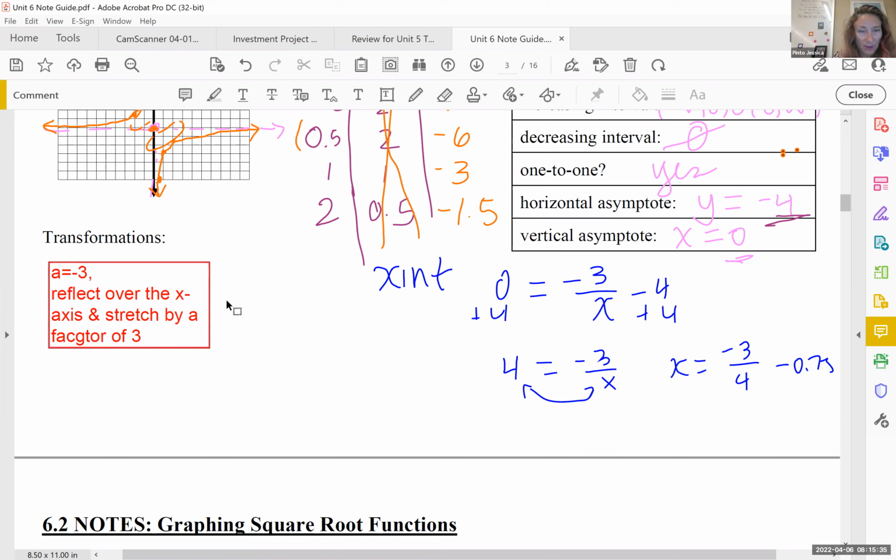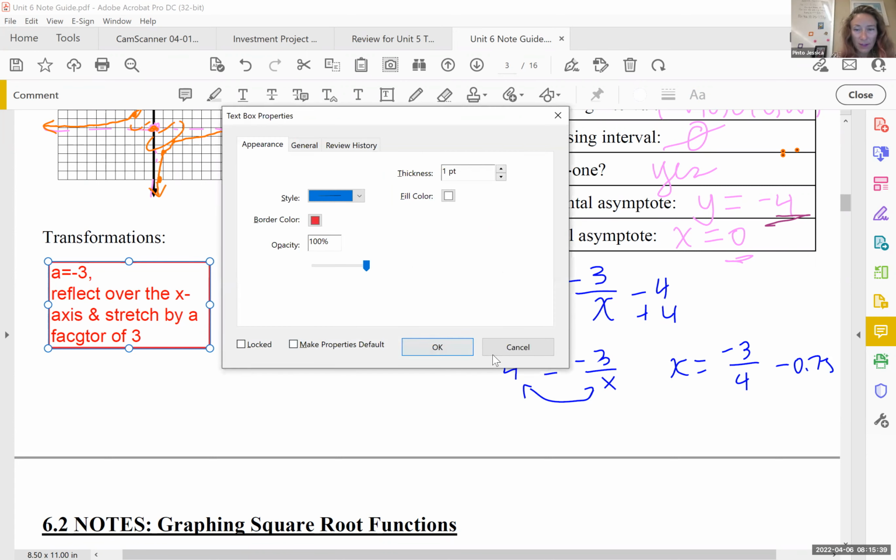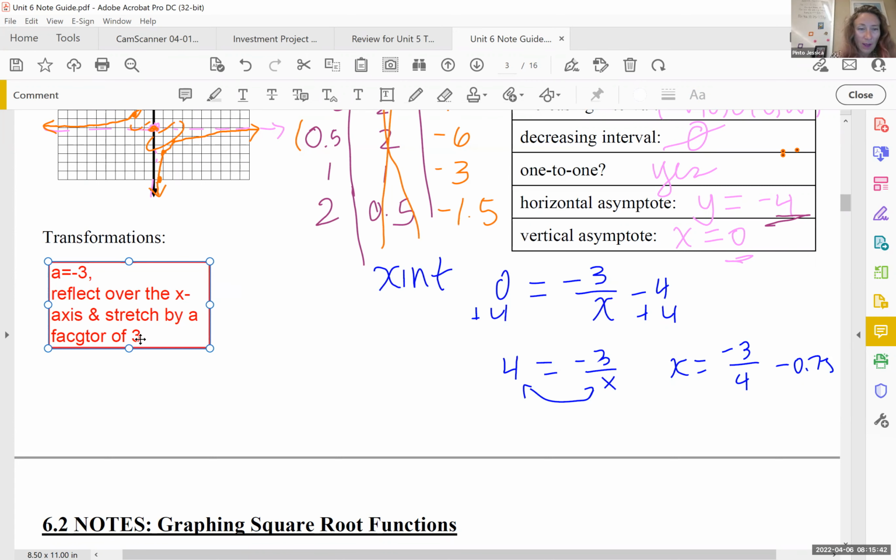I'm going to make this wider. Okay. Next, I'm going to describe the next value. The H value was 0, so I don't list H, but K is equal to negative 4. So to describe that, I say shift down 4 units. The end. We are now done with our transformations.